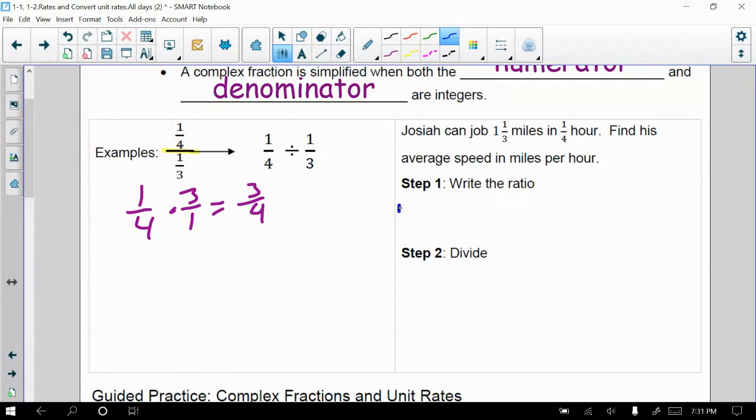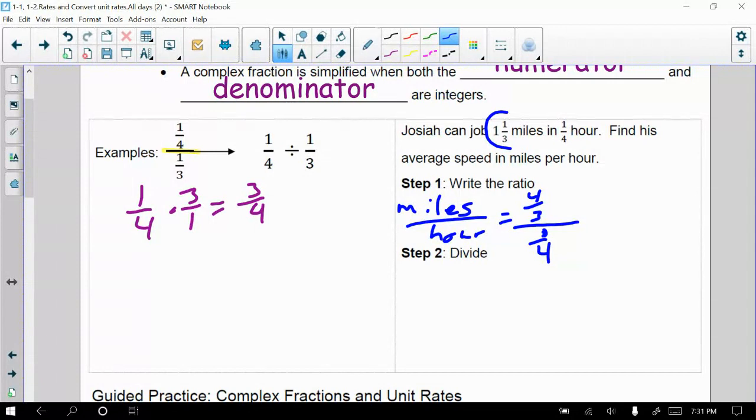So our ratio is miles over the hour. Okay, well, what did we have for our miles? Well, we had, and I'm going to go ahead and turn this into the improper fraction, which is 4/3. And I'm going to make my fraction bar even bigger. And our hours 1/4.